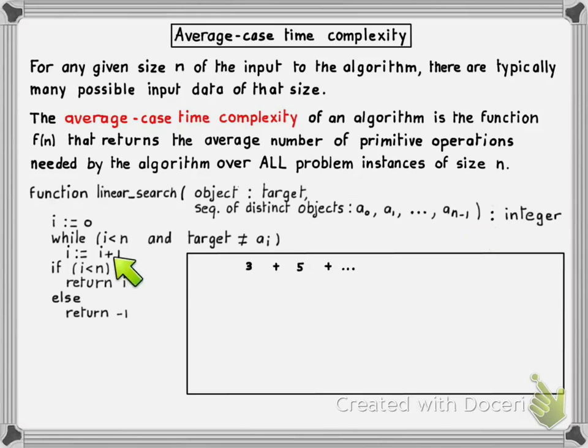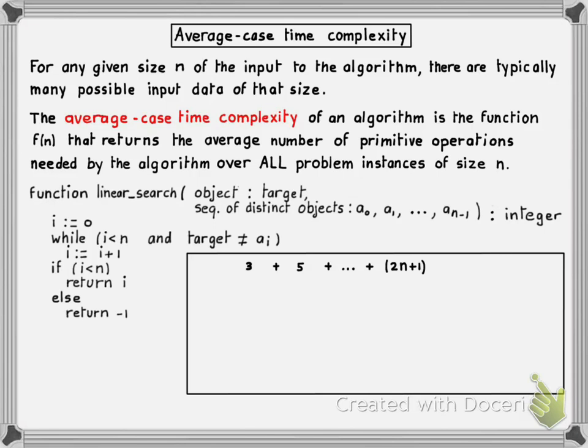So we're going to need 2 times n comparisons in that case, plus 1 comparison here for a total of 2n plus 1. Now remember, there's one more case, which actually is the worst case, which is when the target object is not in the sequence.